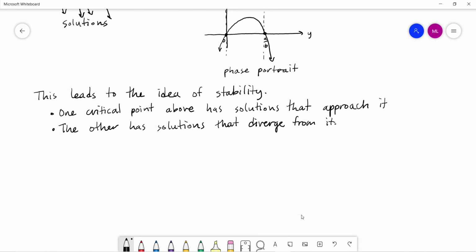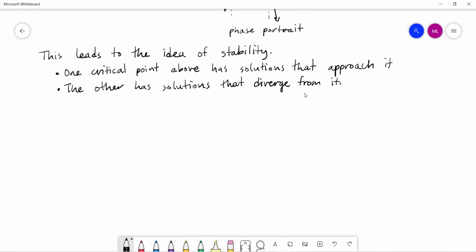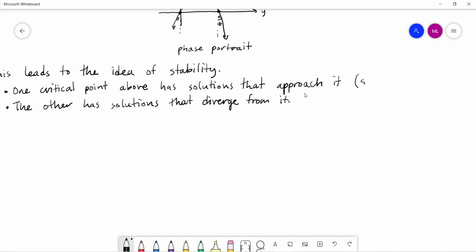If all the solutions, when you nudge them away from it, come right back to it and approach it anyways, that makes it stable. If they diverge from it when you nudge them, that's unstable. So this one is our stable point, and the ones where they diverge, that is going to be our unstable solution.